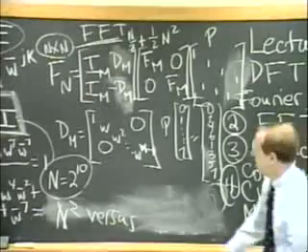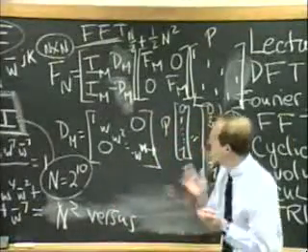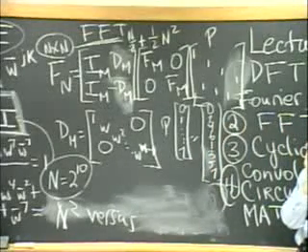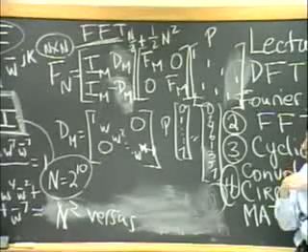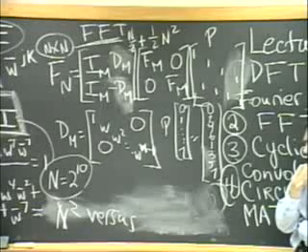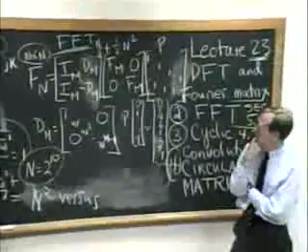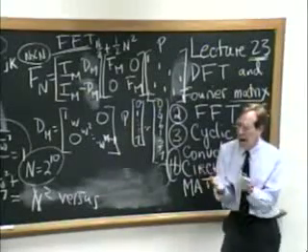So this is n squared versus what? Can you do the count for the FFT? What is it? N over 2 plus N over 4. That would be fantastic, because that would add up to n.